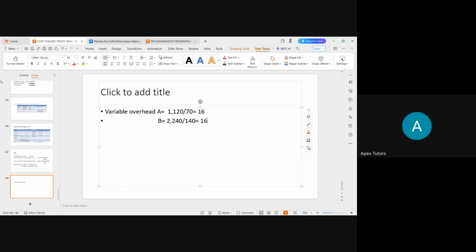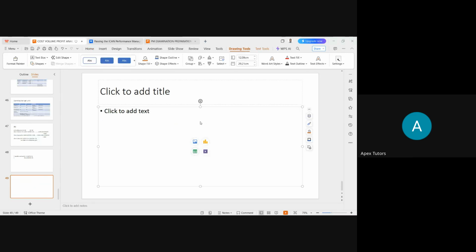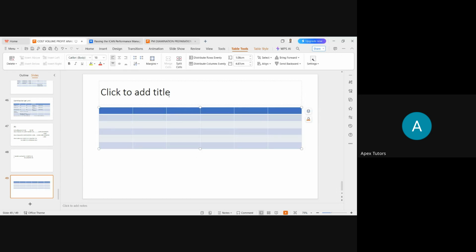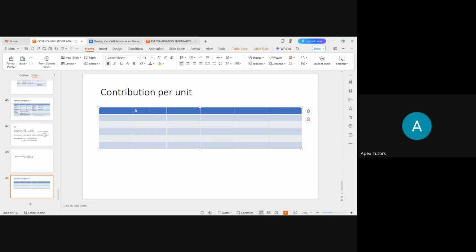So now, to solve for the contribution per unit, we have product A, we have product B. The selling price is what? For product A, it is 120.